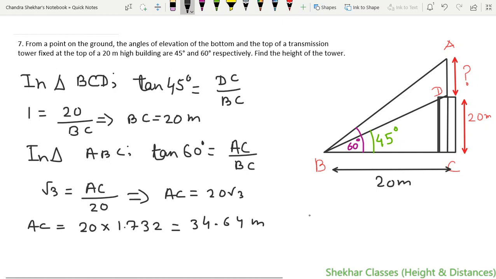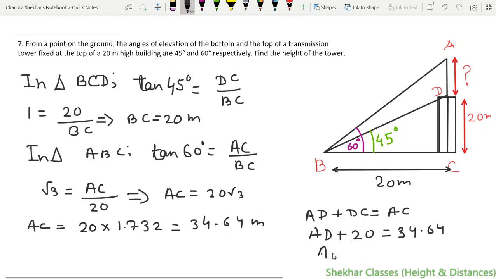So we can write here, AD plus DC is equal to AC. So what is AD? We have to calculate. So AD, and what is DC? We already have been given as 20, and we calculated just now AC, which is 34.64.